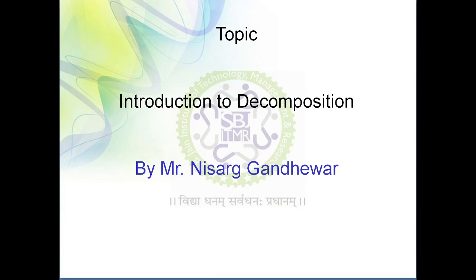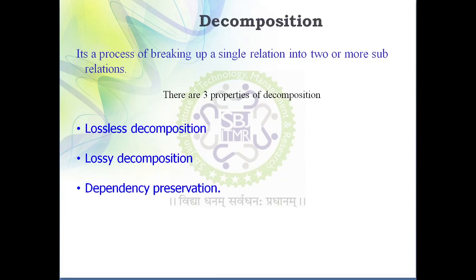In short, you should know that decomposition is the process of splitting one large relation into a number of subrelations. In normalization we require decomposition. We already discussed normalization, but here we should know what decomposition is, its types, and its properties. So decomposition is a process of splitting one large table into a number of subtables.